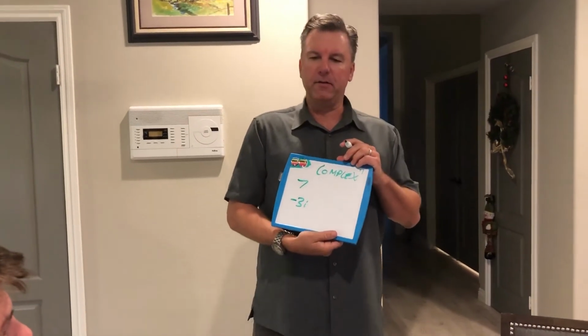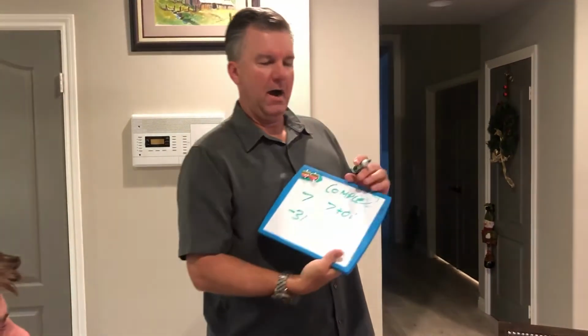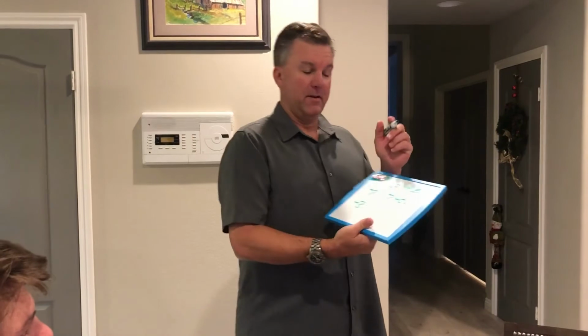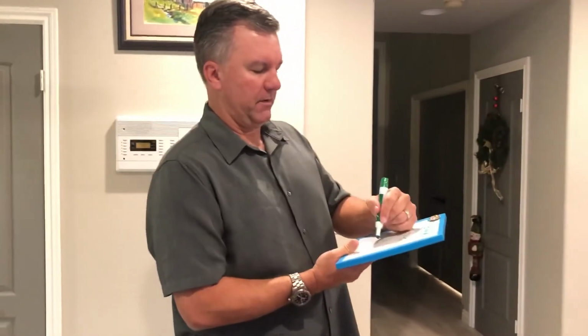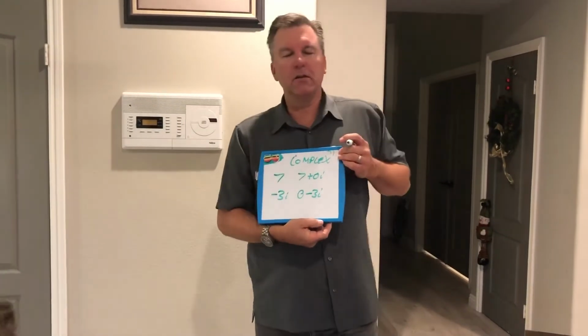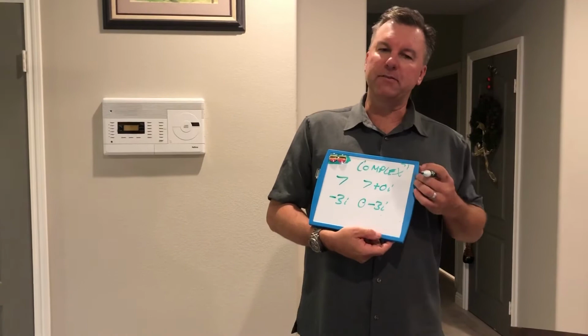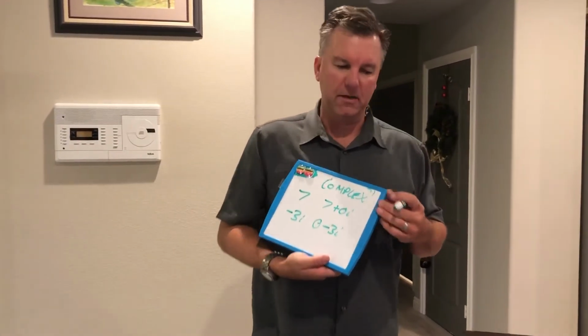The number 7 can be written 7 plus 0i, whereas the number -3i can be written 0 minus 3i. So we can use real and imaginary numbers, and that creates the universe of complex numbers.